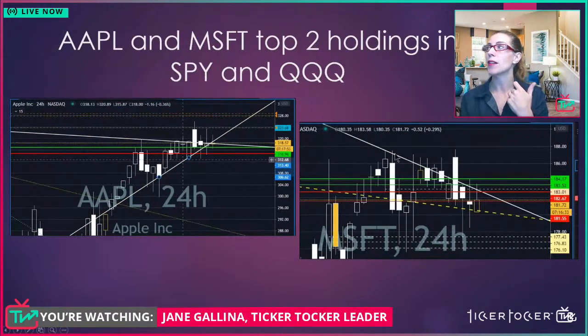Looking at Microsoft as well, we have this downward trend line, and you can see we've had these selling wicks that are just selling it off right there. So it's very interesting to keep these two on watch because they could very easily manipulate the market there.